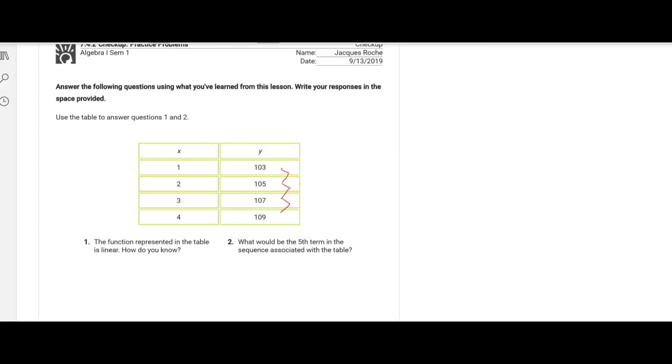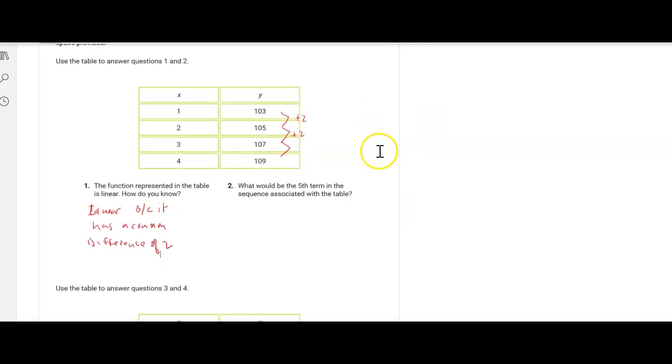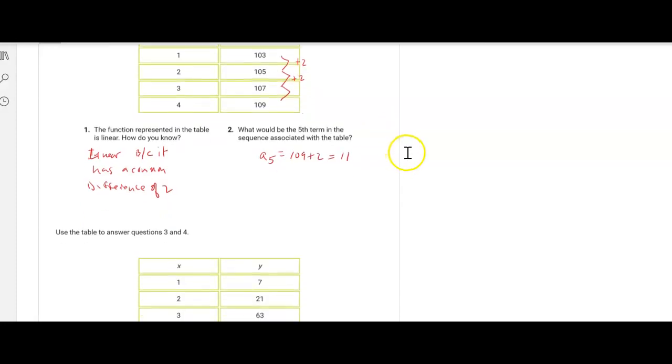Well, we know it's linear because it has a common difference of 2. What would the fifth term be? If it's going up 2 each time, a sub 5 would be 109 plus the 2, which would be 111.